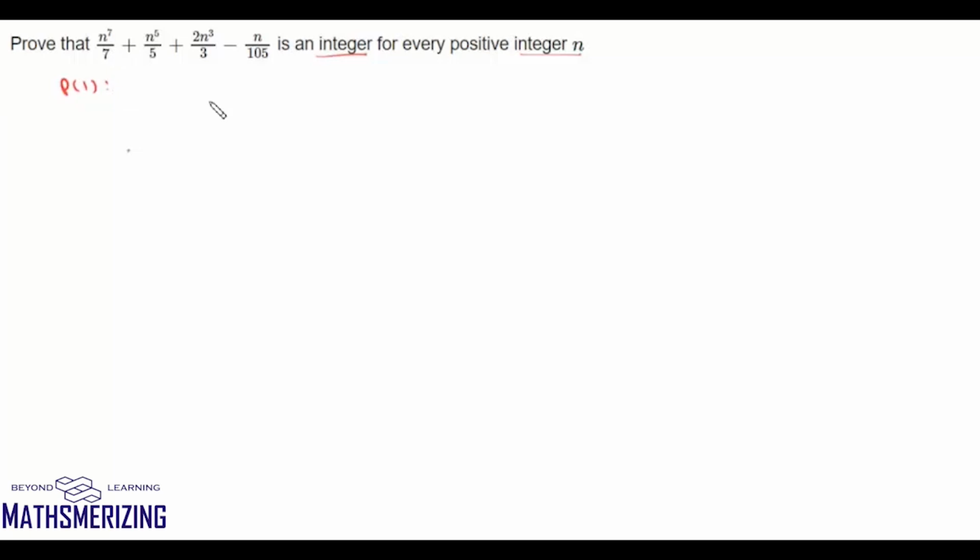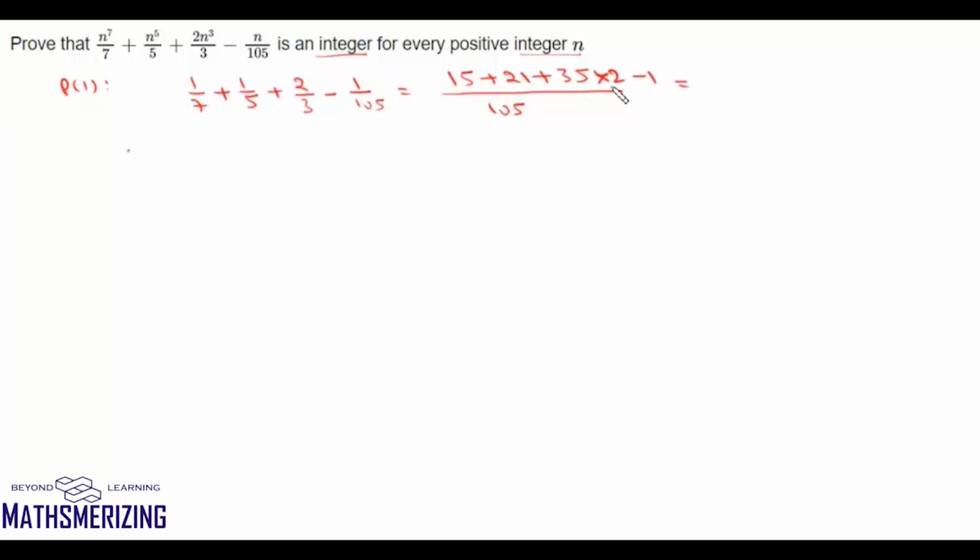So if we'll take n as 1, we'll write 1 upon 7 plus 1 upon 5 plus 2 upon 3 minus 1 upon 105. So here it will be 105 in the denominator, and the numerator is 15 plus 21 plus 35 into 2 and then minus 1.